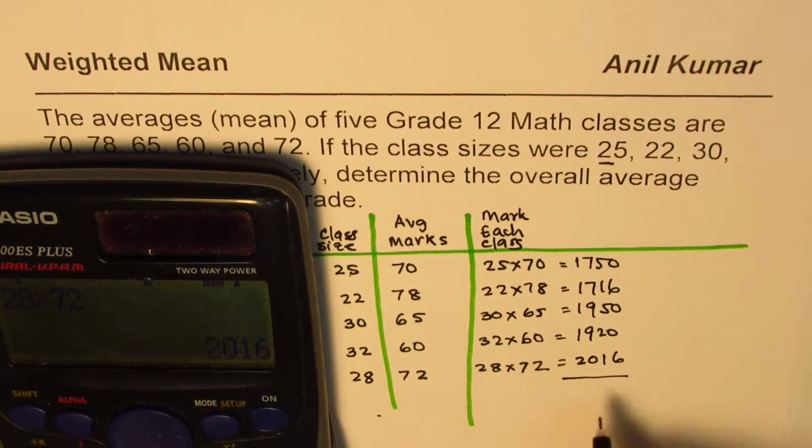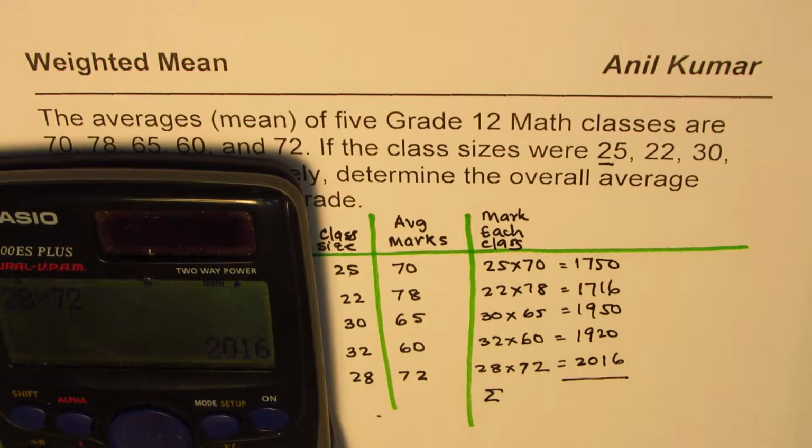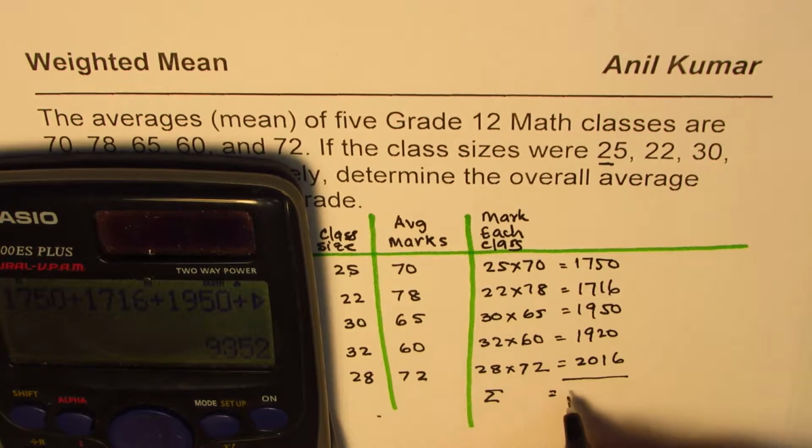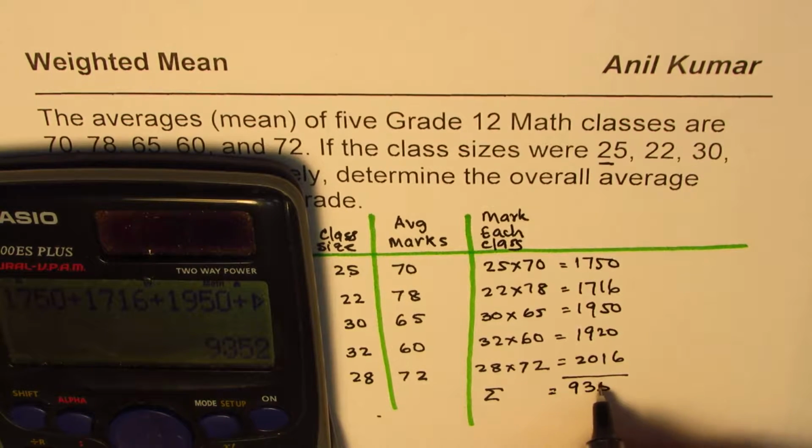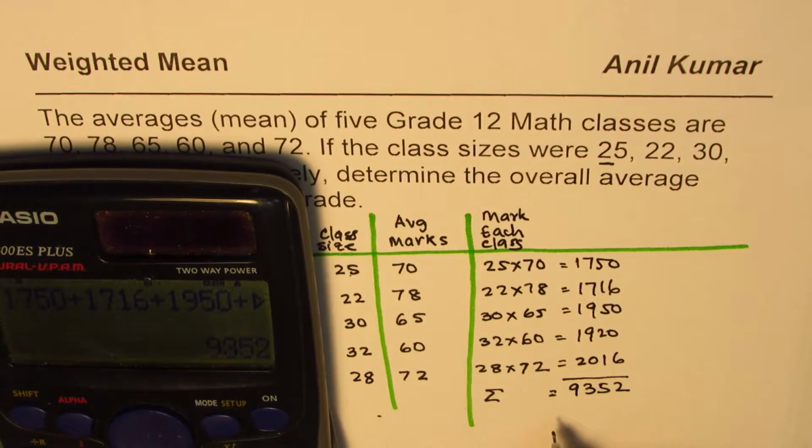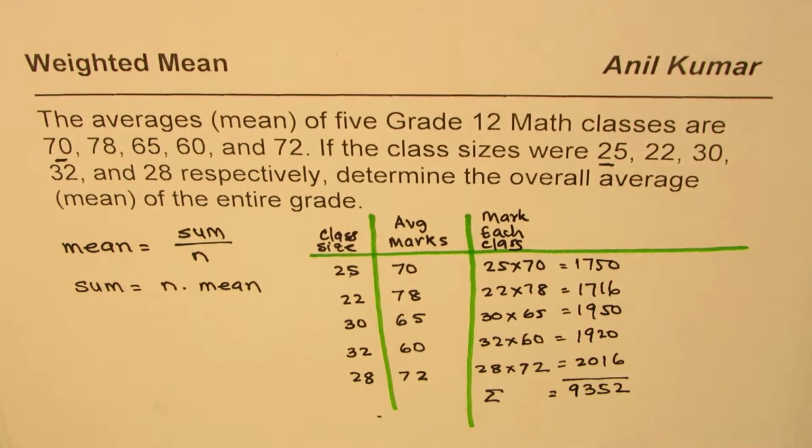Let's sum this up. What is the total number of marks for all the 5 classes? We'll add them up. So we have 1750 plus 1716 plus 1950 plus 1920 plus 2016. And that gives us the total marks for 5 classes, 9352.